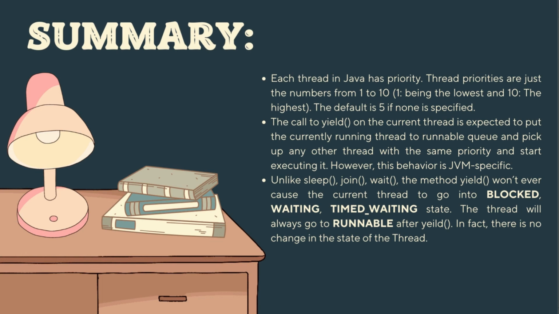However, this behavior is JVM specific. Unlike the sleep method, join method and wait method, the yield method won't ever cause the current thread to go into a blocked or waiting state, right? The thread will always go to runnable after the yield method. In fact, there is no change in the state of the thread.